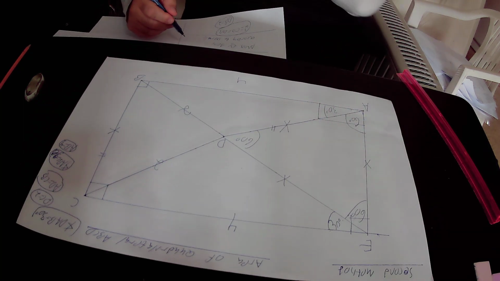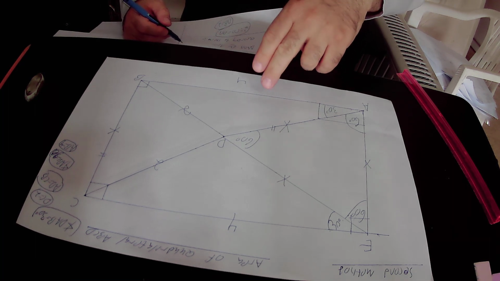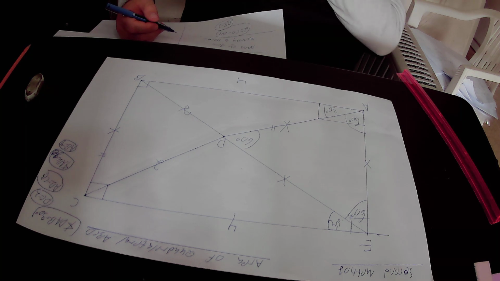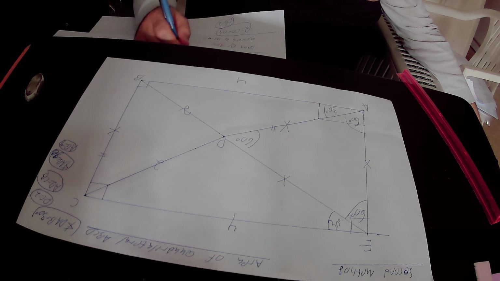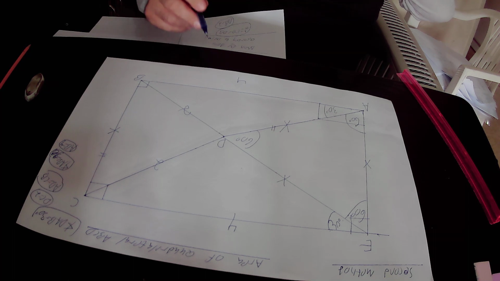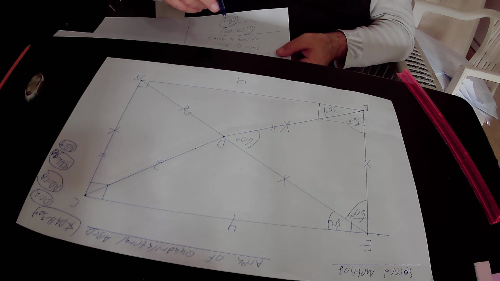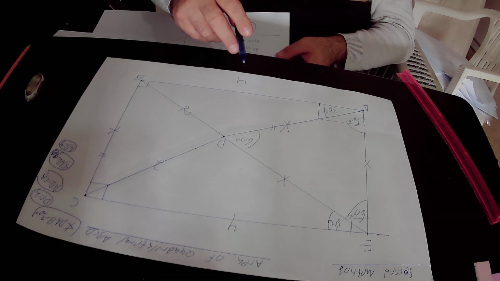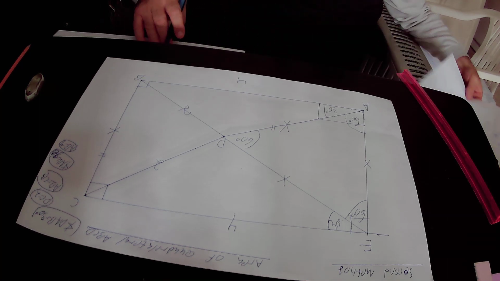In the next step, we will implement the law of cosines in triangle ADB. So I will copy triangle ADB in a new page, and we will implement the law of cosines on this triangle. Okay?